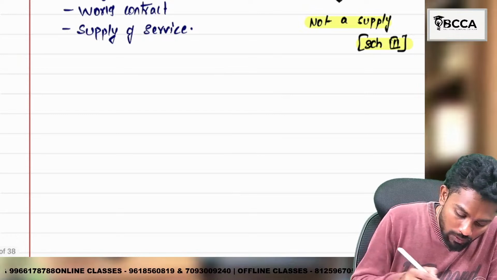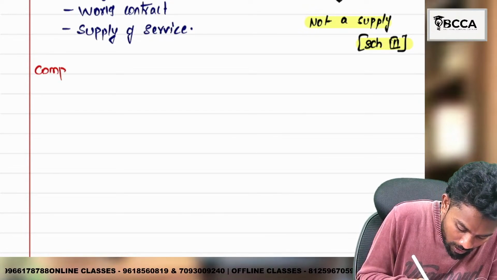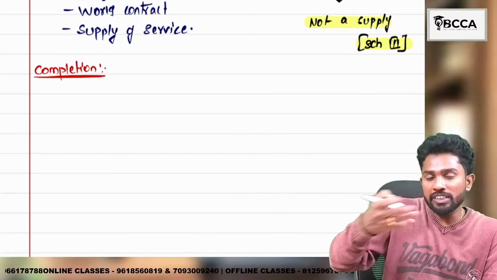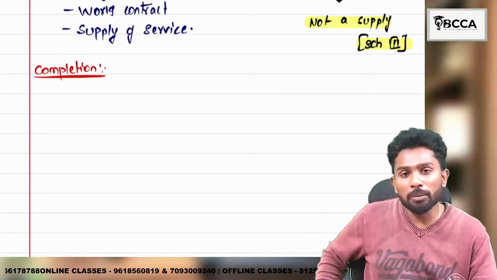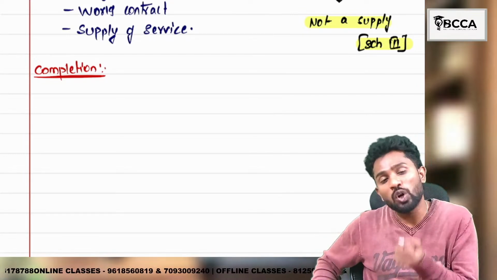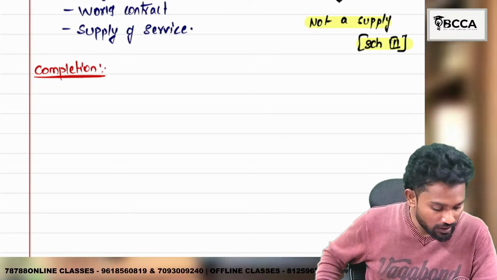So we'll understand what is called completion. Completion means getting a completion certificate or occupying it. See, even though you didn't get a completion certificate, if you just occupied the building and started using it, then it has to be treated as completed only.